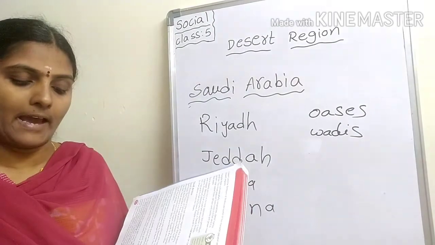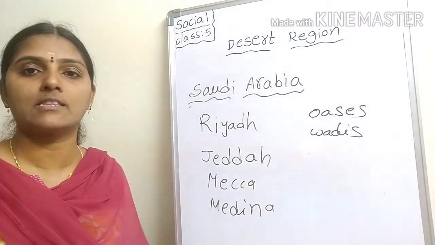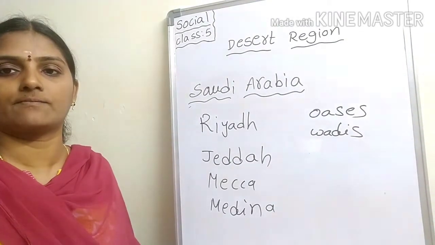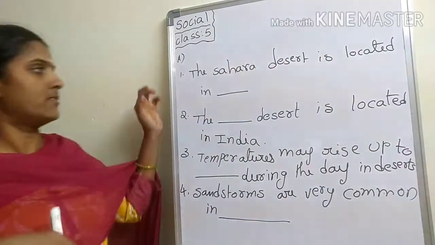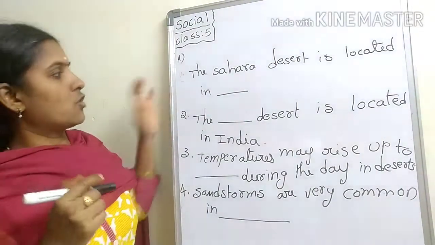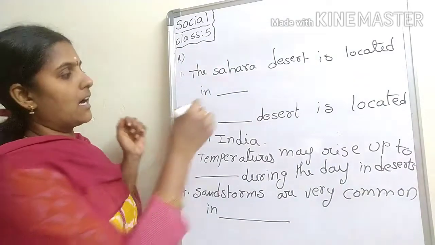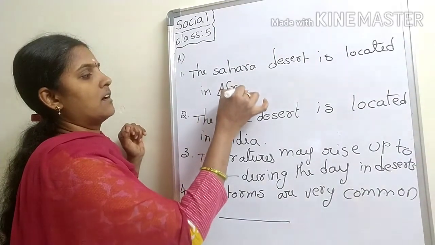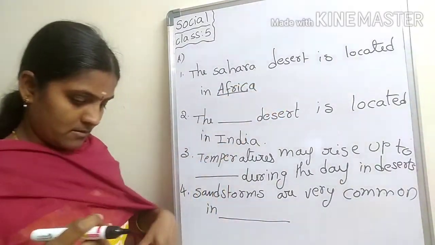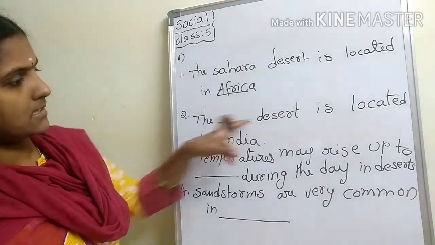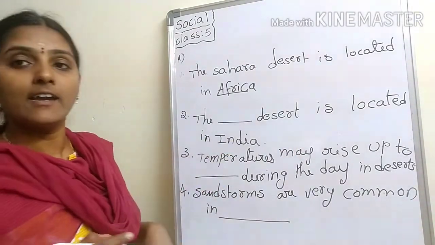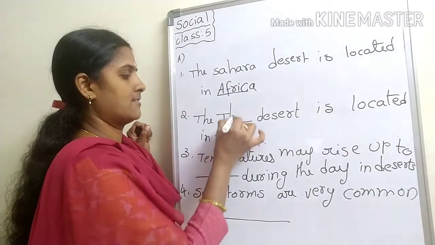Next, fill in the blanks with the correct answer. First, the Sahara Desert is located in Africa. The Thar Desert is located in India.